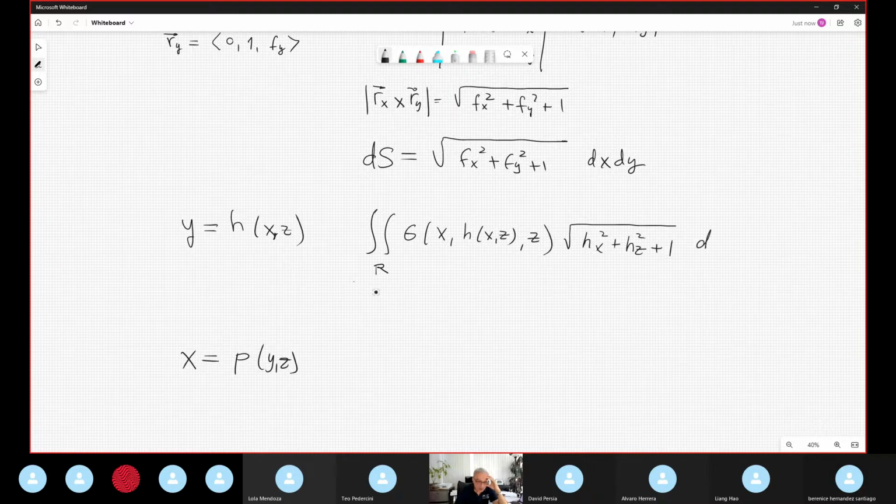And this is dA. In this case dA is dx dz or dz dx, depending on the direction in which you want to integrate.